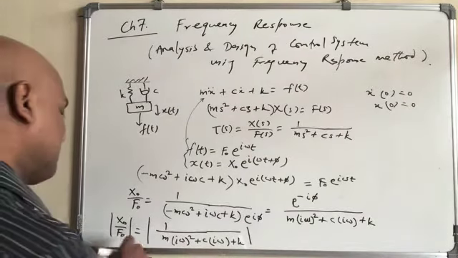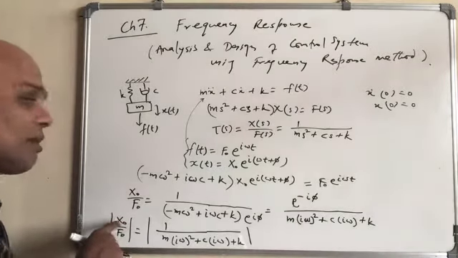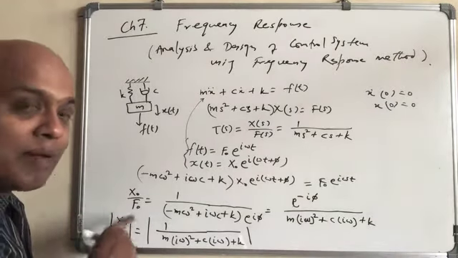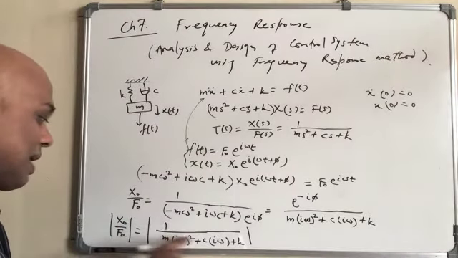This is the ratio of the output amplitude divided by the input amplitude.